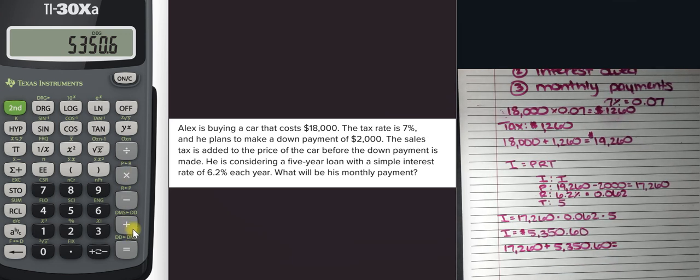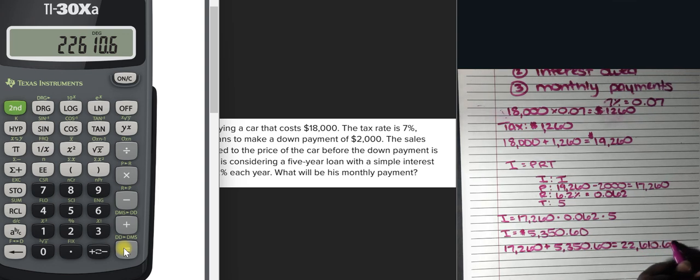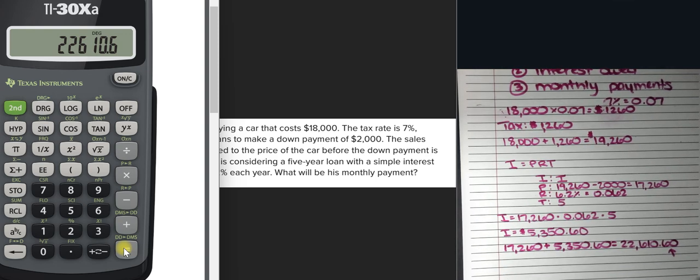So let's see how much money he has to pay now. He's at $22,610.60. Remember, we need to add a 0 because we want dollars and cents. This is how much money he's going to pay back by the time he is finished.